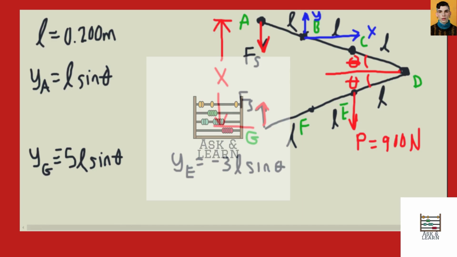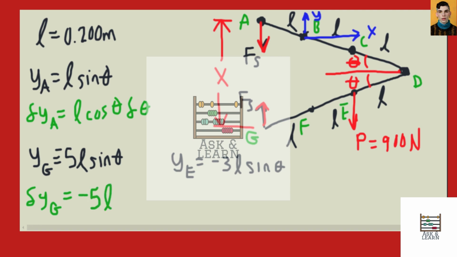Let's go ahead and do the derivatives. Delta Y at A, derivative of sine is cosine, so it's just L cosine theta delta theta. Delta Y at G is negative 5L cosine theta delta theta.